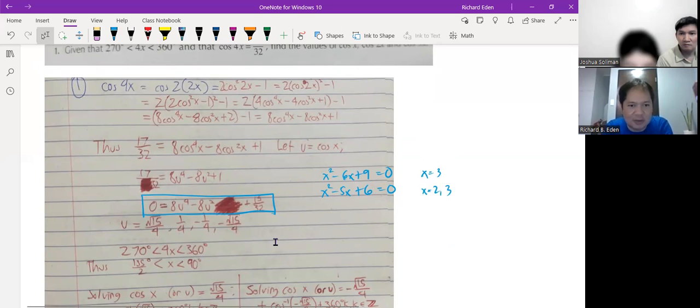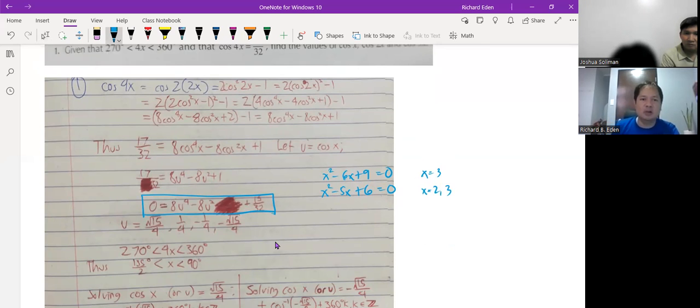Here it would involve using the usual substitution for u squared. So I understand we're going to end up with 4 roots. Okay, and these are the different values of 4x.